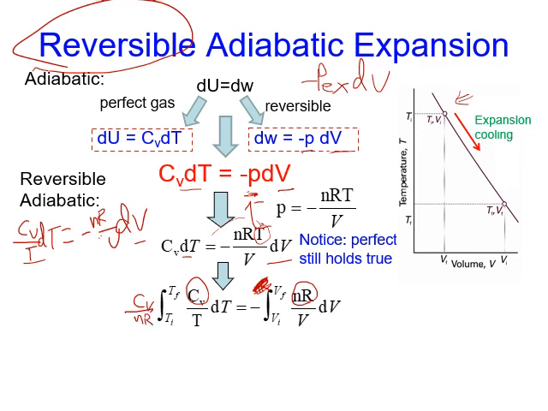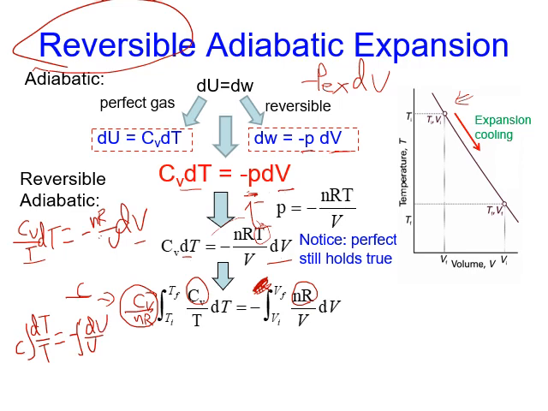If we define this as a constant C, because everything is a constant, we just use one constant C to represent all constants. Then we have C times the integration of dT/T equals negative the integration of dV/V.